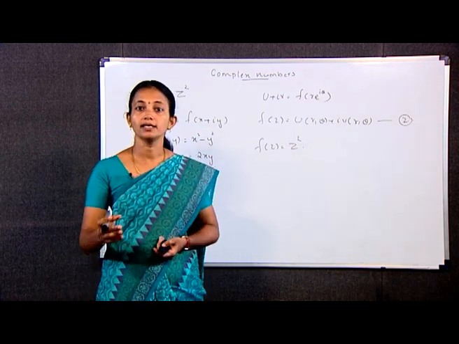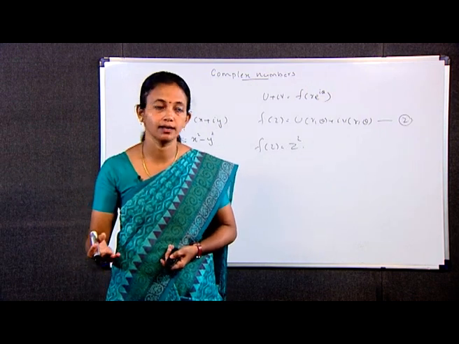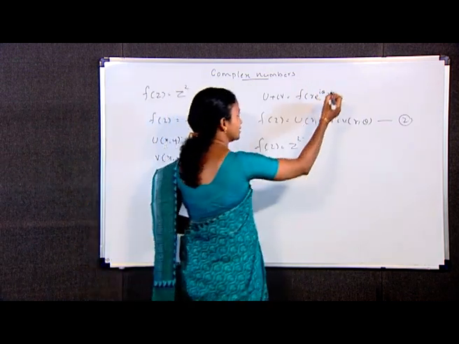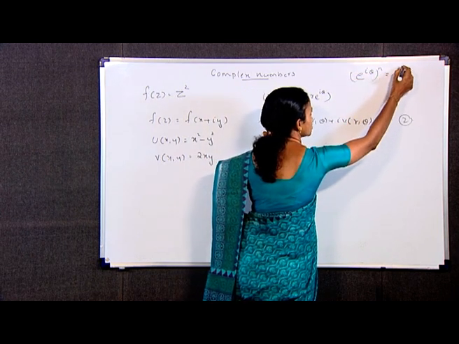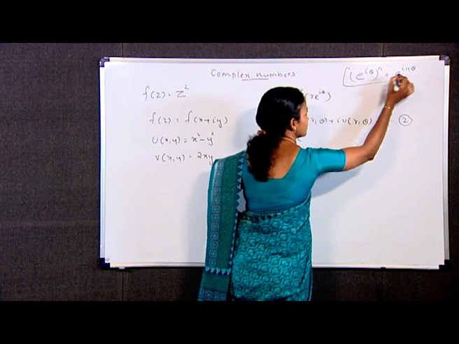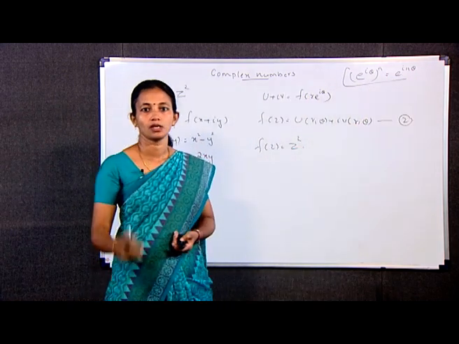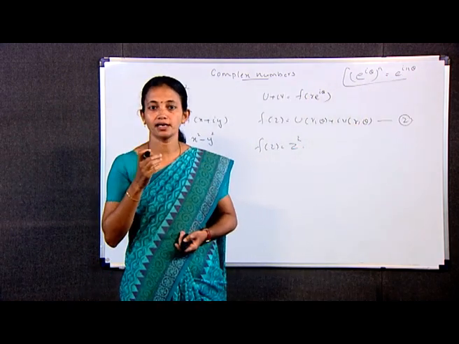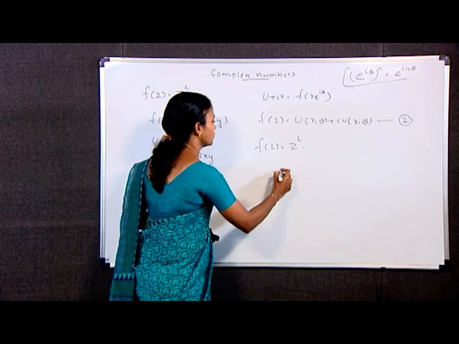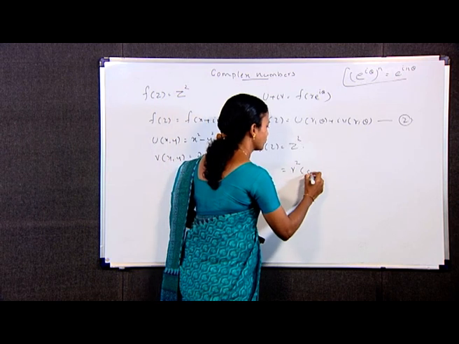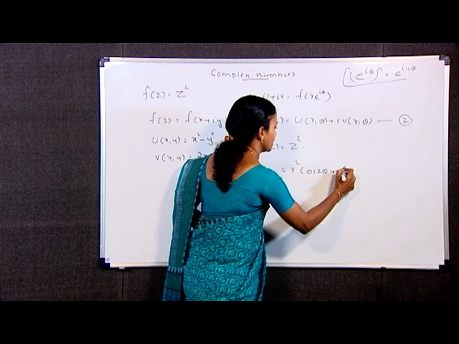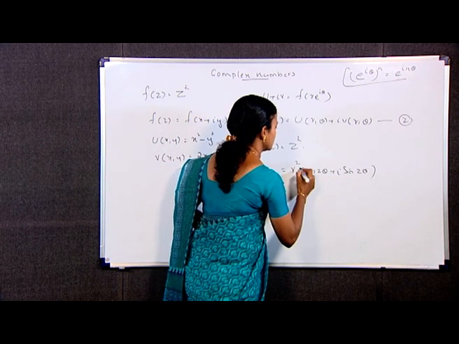Since we have (e raised to i theta) whole raised to n, we have a result e raised to i n theta by De Moivre's theorem, which is equal to r square (cos 2 theta plus i sin 2 theta).